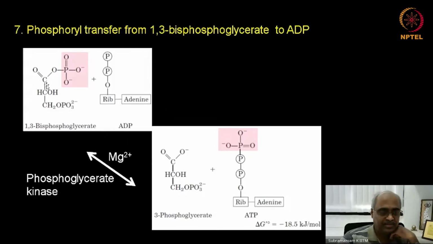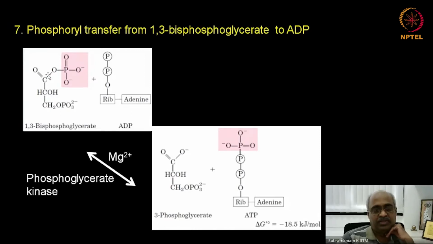But in the glycolysis sequence, this 1,3-bisphosphoglycerate, one of its high energy phosphate bonds is transferred by making an ATP molecule. So here ADP gets phosphorylated, forming the ATP.